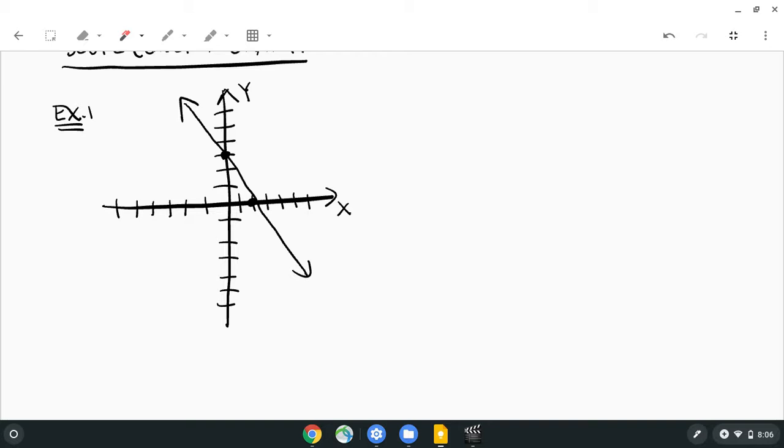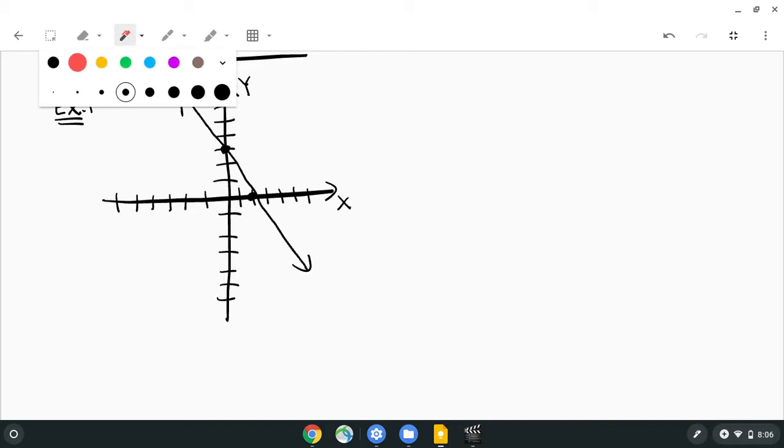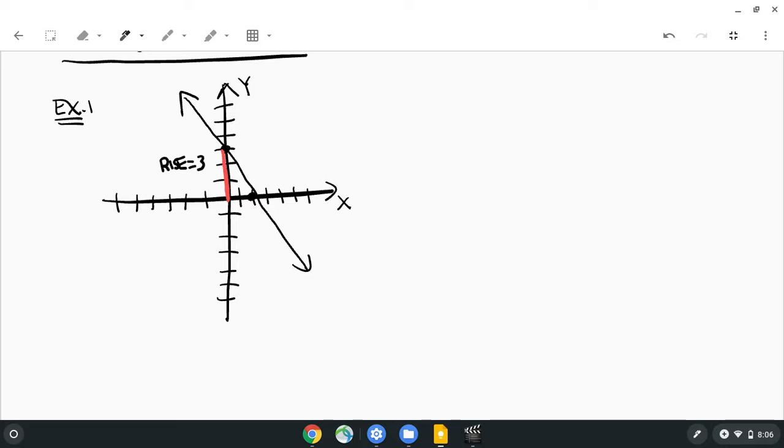So that's that vertical distance. So here, let me go a little thicker. The rise would be right here, and that is 1, 2, 3. So here, my rise is 3.